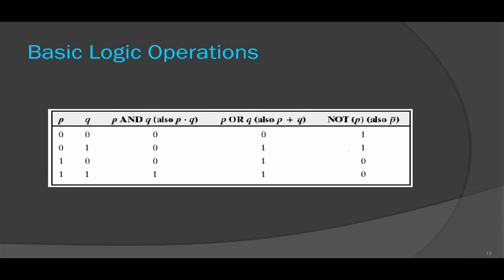For 0 1, ANDing would be 0, ORing would be 1, and NOT P would be 1. NOT is a unary operation, you may say, so it can be performed on a single value. For 1 0, ANDing is 0, ORing is 1. For 1 1, ANDing is 1, ORing is 1. So I hope the basic logic operations are clear now.